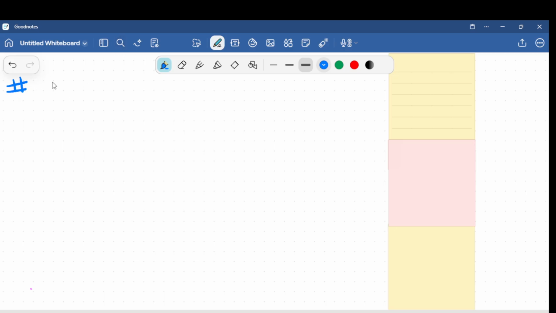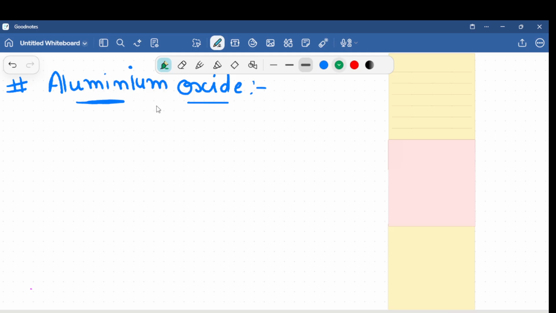If we write a question of aluminium oxide, right? We have a question aluminium oxide. So we will first obviously write symbol, right?